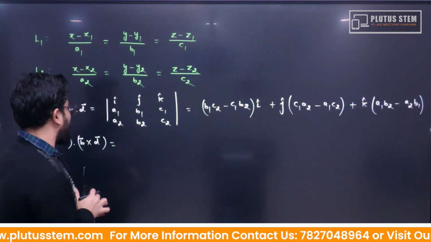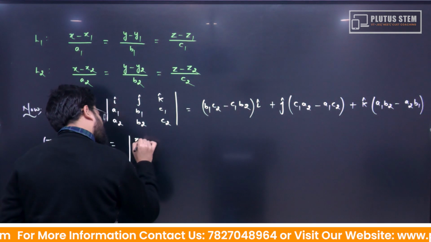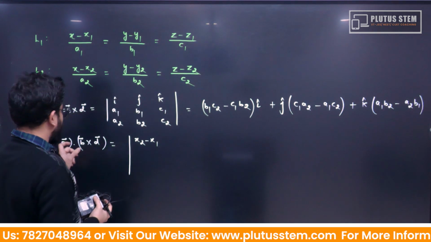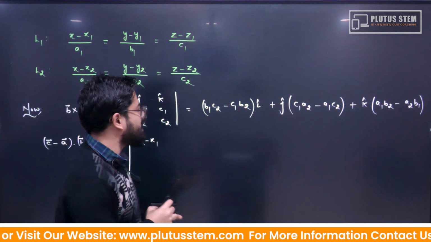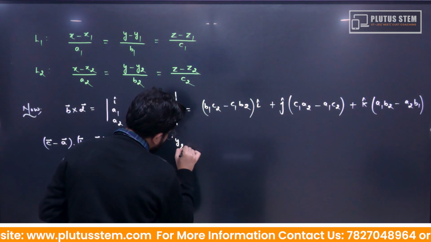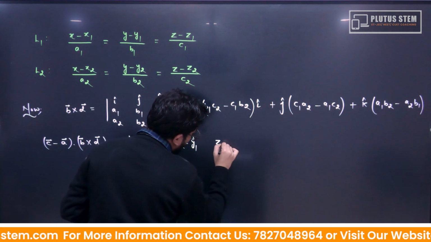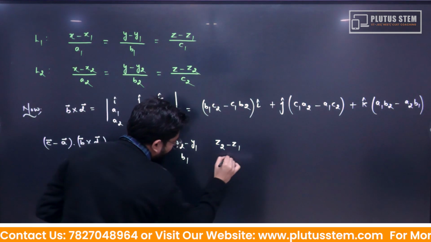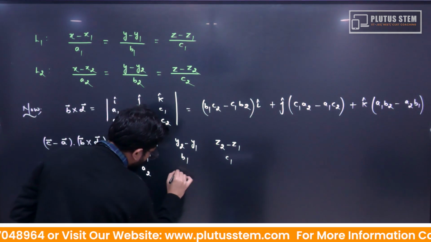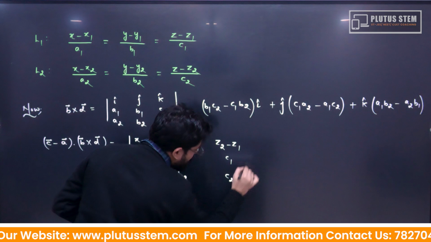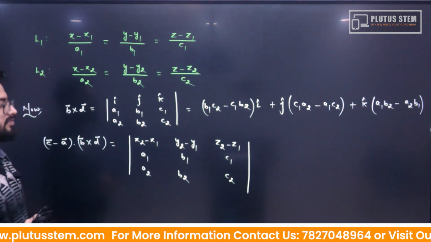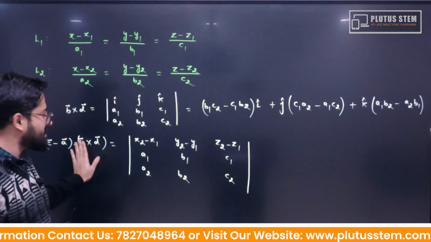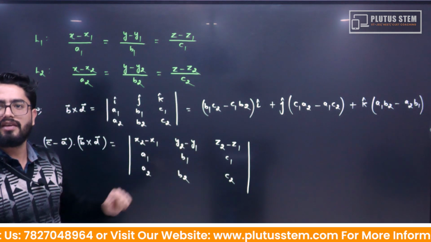You can replace i with x2 minus x1, j with y2 minus y1, and k with z2 minus z1, and this is A1 B1 C1, A2 B2 C2. So that is C minus A dot B cross D.